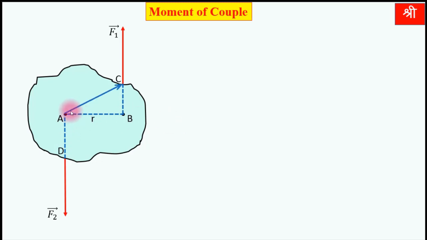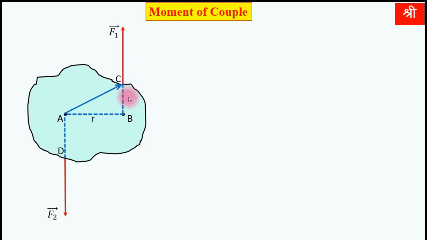Now draw this vector from A to C. This is a vector because it has direction, and at the same time it has magnitude. Its length will give the magnitude. This vector gives the position of C with respect to point A. Point C is that point where force F1 is applied.